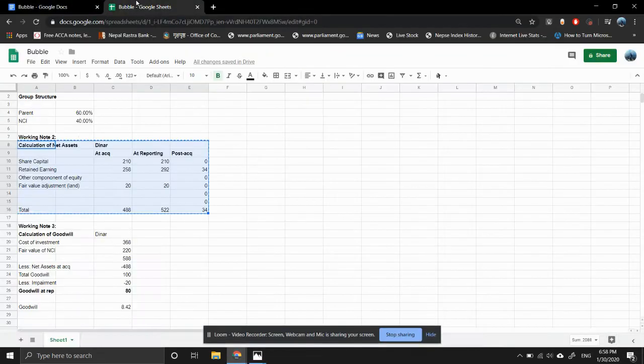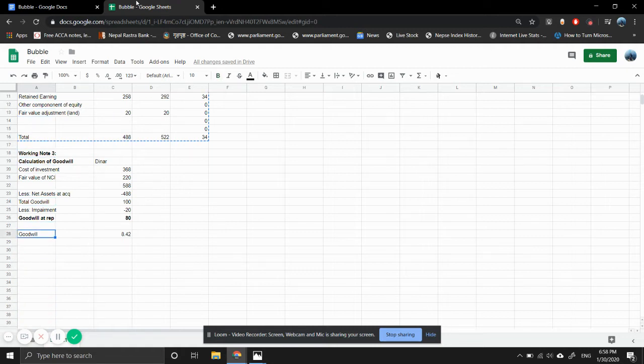Okay, so that will form. So we will go step by step, okay? Working note 4. Calculation of NCI.